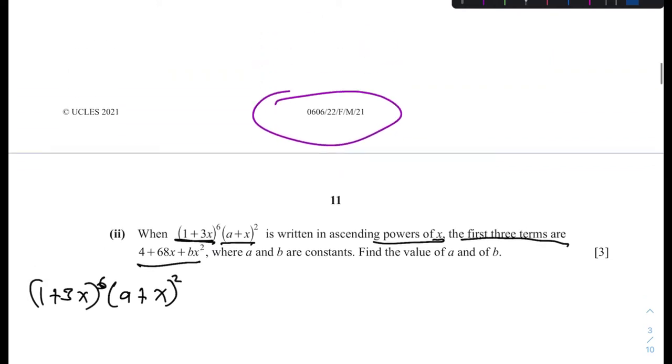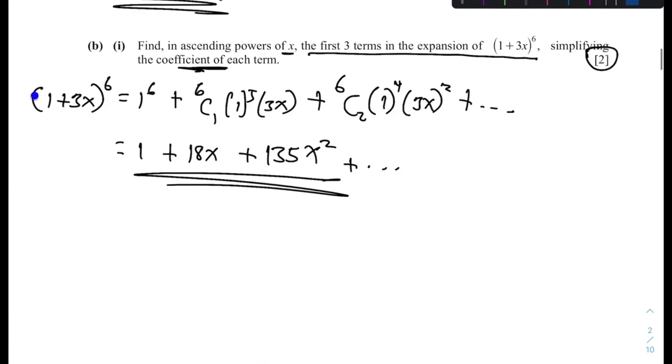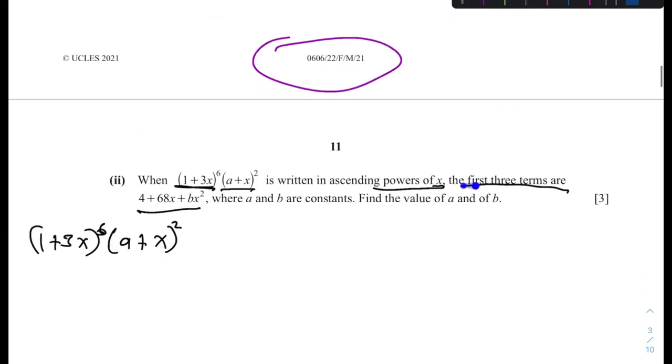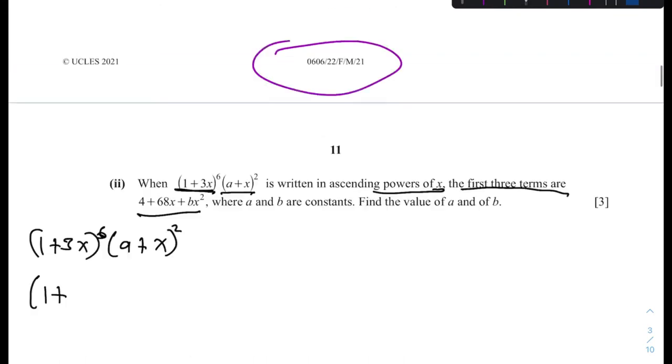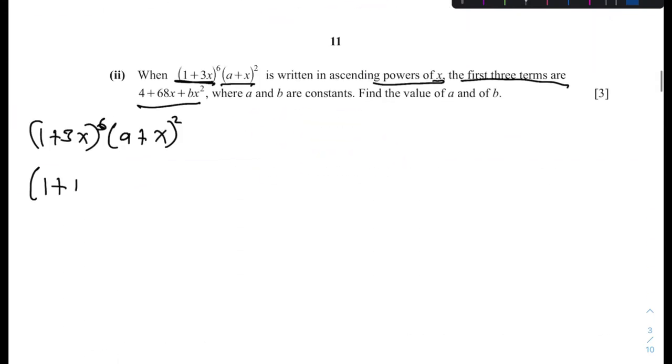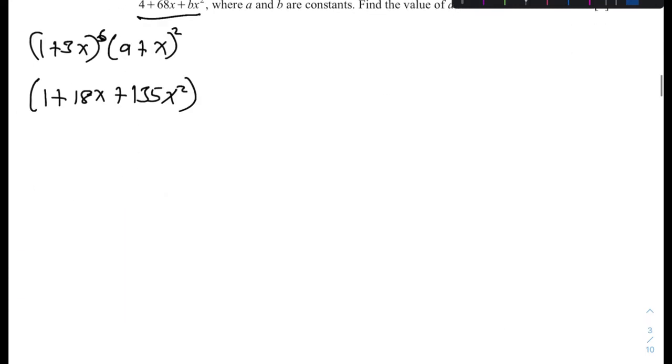Now go back, look at this very well. It is exactly what you expanded here, and these are the first three terms. So the first three terms for this is actually 1 plus 18x plus 135x squared.